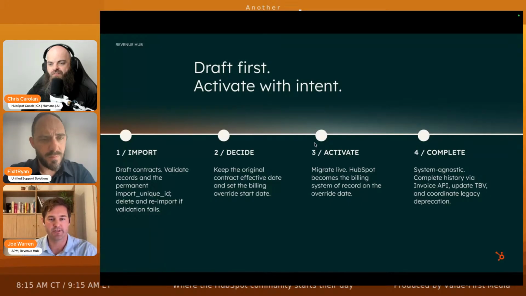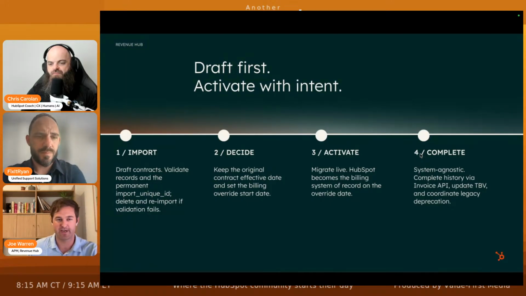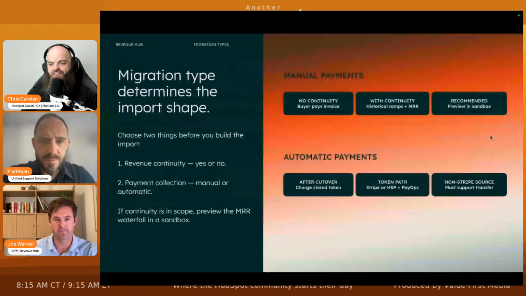Then you can take an intentional step to activate an individual contract or a series of contracts. Once that's done, HubSpot will begin billing according to how you structure that CSV import. And then there is an additional step: you've got to deprecate whatever processes were happening in the legacy system to ensure that your customers aren't billed from two systems.